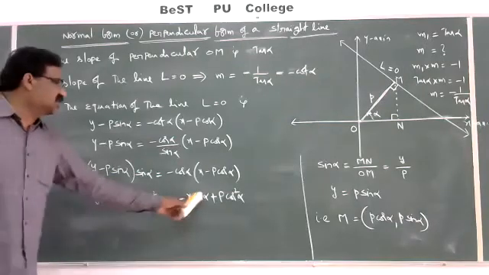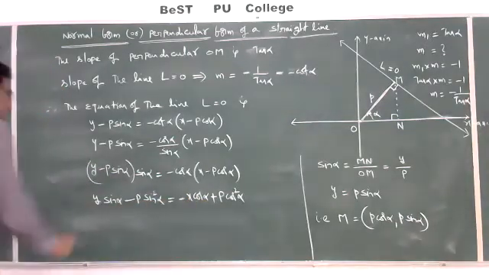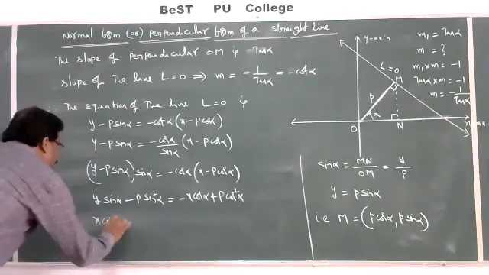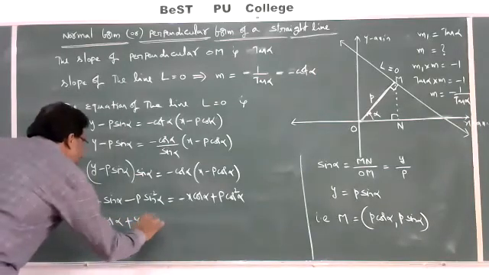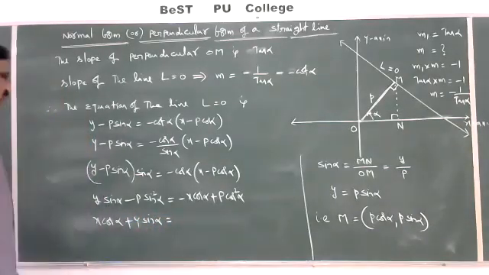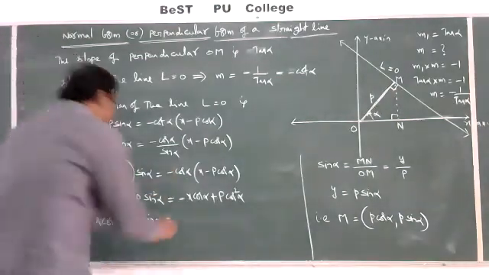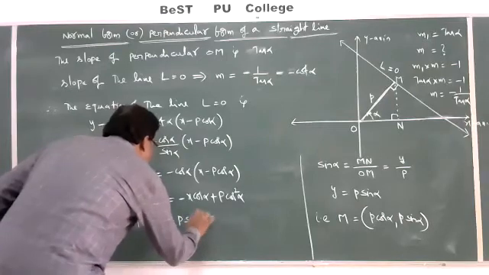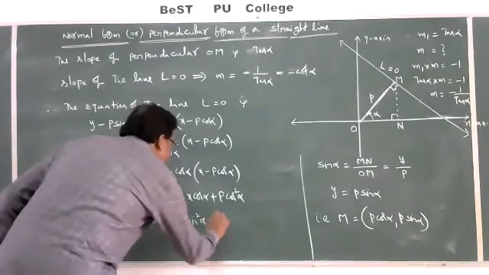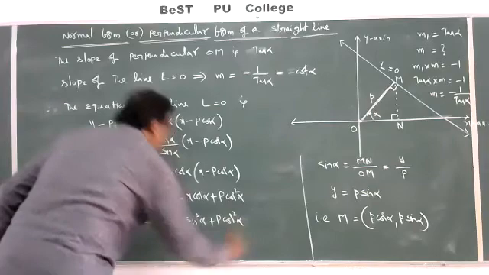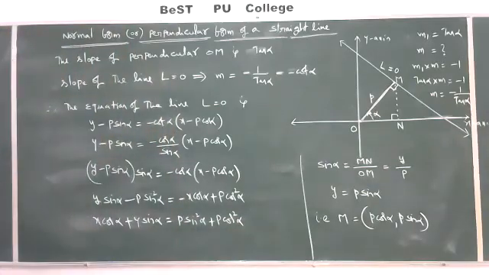You bring minus x cos alpha to this side, that is x cos alpha plus y sin alpha is equal to, you bring minus p sin square alpha, that is p sin square alpha plus p cos square alpha.